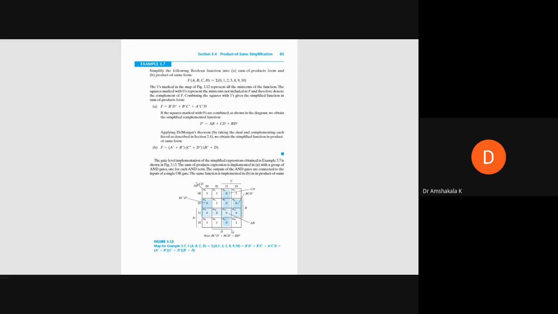In product of sums form, we consider only zeros, and we already discussed from the truth table that by considering zeros we can construct the POS form. Do you remember that? From the truth table, we take all those inputs for which the function has to give 0 output, and with that we were able to construct the POS forms. The same thing is followed here. So when I group the zeros, I will write the terms in sum form, not in product form.